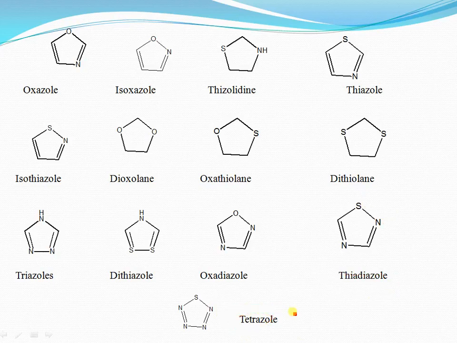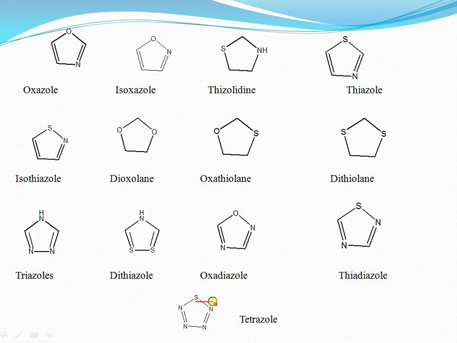And a tetrazole. Tetrazole. It is what? Nitrogen. Tetra means 1, 2, 3, 4. Tetrazole. It is a carbon, not sulfur.